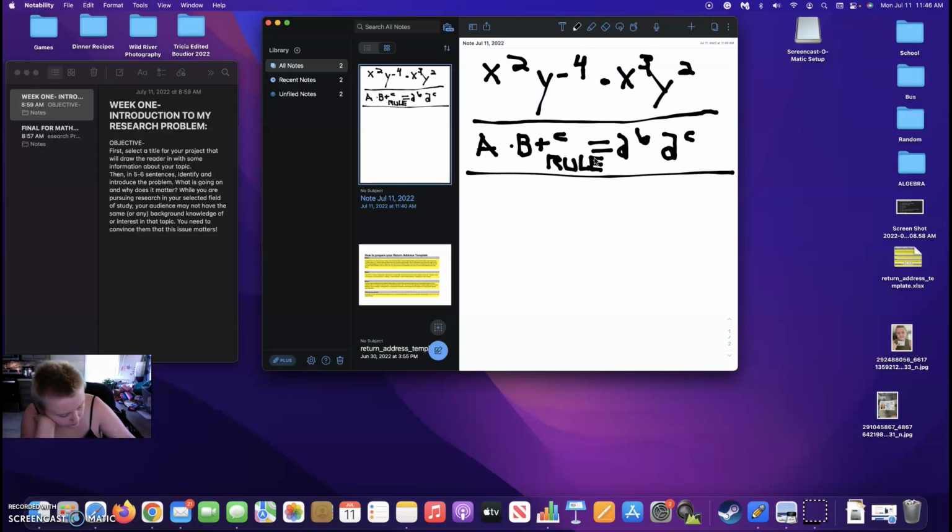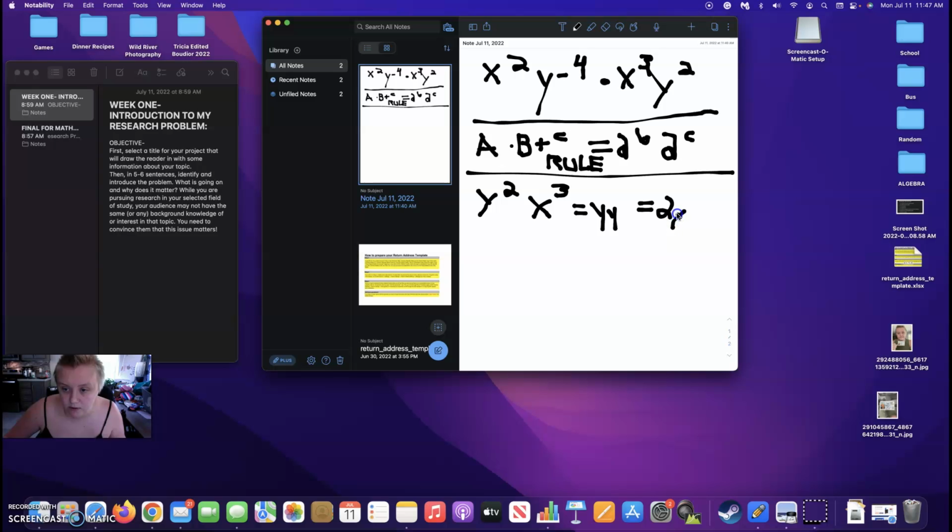So that's one exponent rule. But this is also an exponent rule you can do, which is y squared times x to the third, which equals y y.